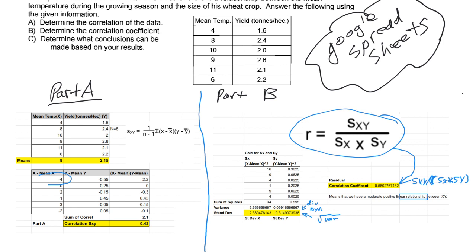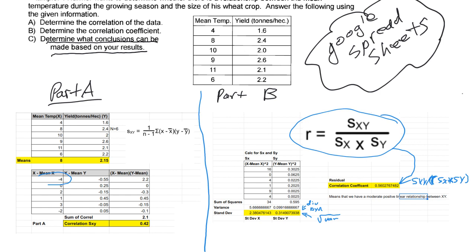And now for part C, it says determine what conclusions can be made from your results. So remember, from our description of the relationships, that chart that said we either had a weak, a moderate, or a strong relationship, this is what you said.